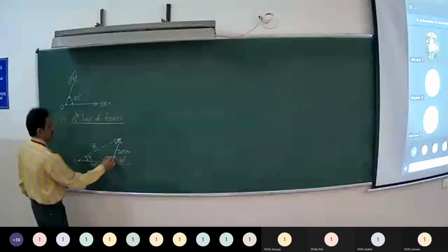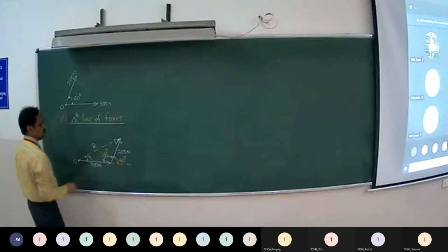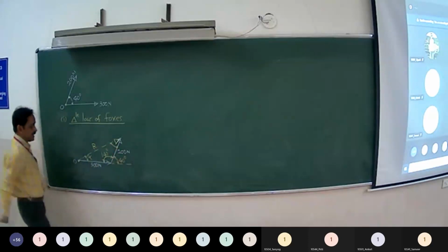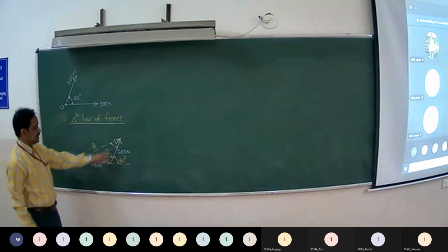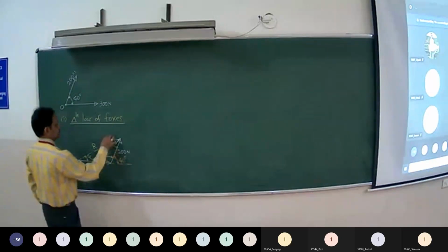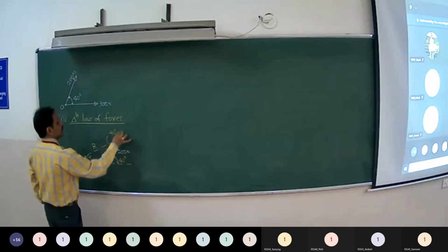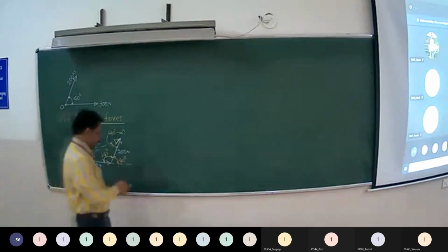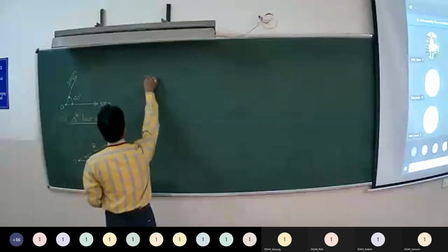So we have this internal angle 180 minus 40, 140. So we have this angle as 40 minus alpha. Now for this triangle, I will use sine rule.